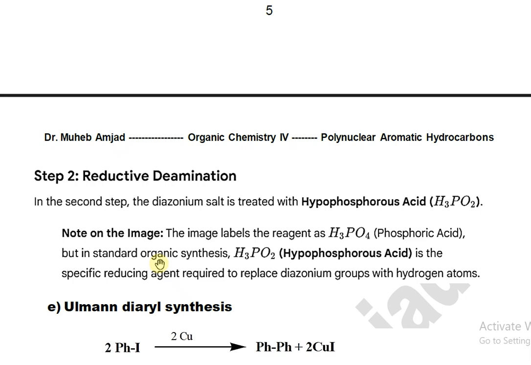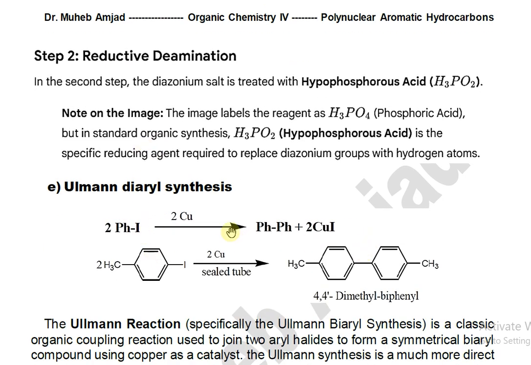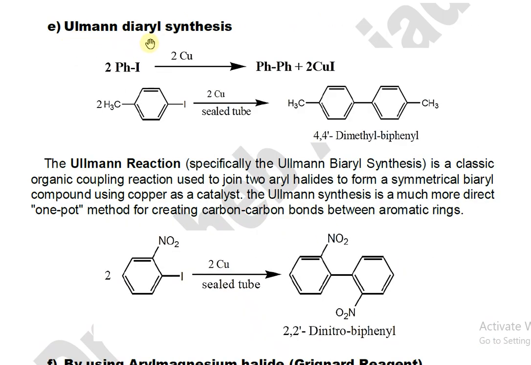The next reaction to prepare this type of compound is the Ullmann diaryl synthesis. Okay, Ullmann diaryl synthesis is also a classical organic coupling reaction used to join two aryl halides to form symmetrical biaryl compounds.